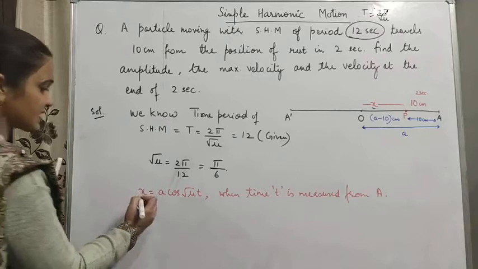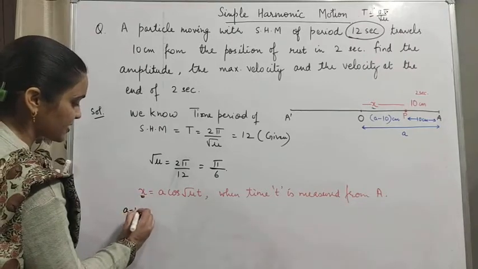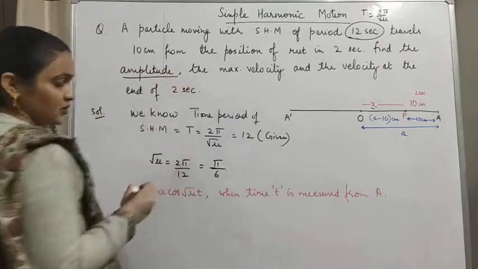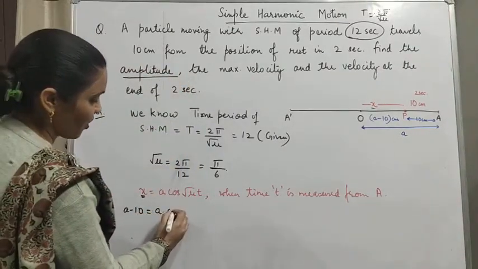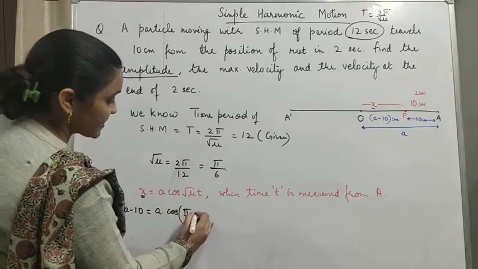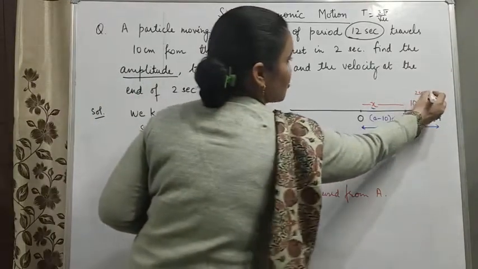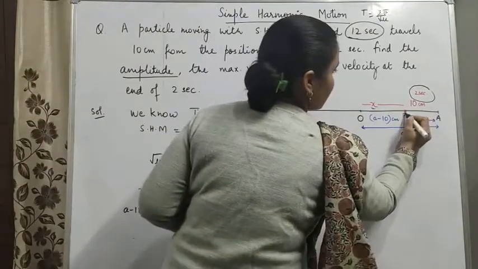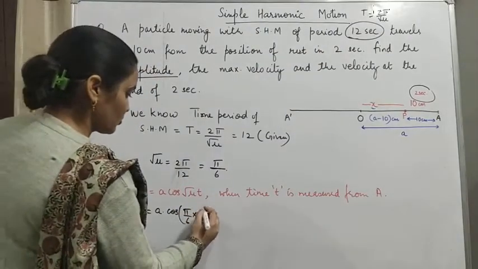We have X which is equal to A minus 10 in terms of amplitude because we wanted to find the amplitude. Next is A cos, under root mu is pi upon 6. What is time t? Time t is 2 seconds. It will take 2 seconds from A to P. So it is 2. Clear?